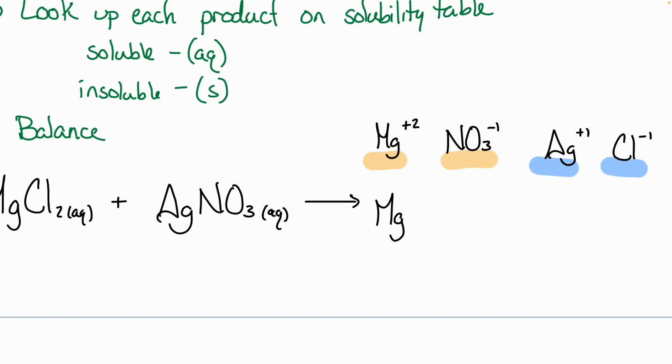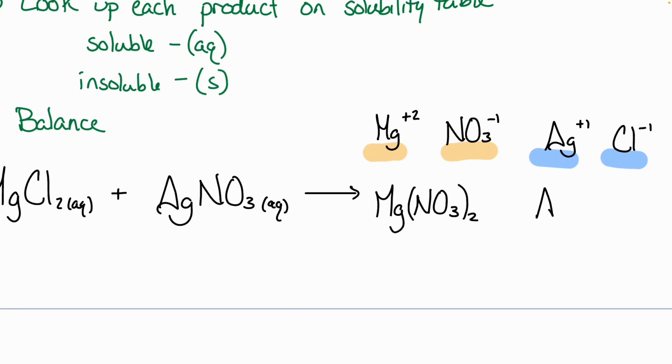So what am I going to have to do in my formula? Put it in parentheses. And then my silver and my chloride are both 1 and 1, so that's just AgCl. All right, cool.